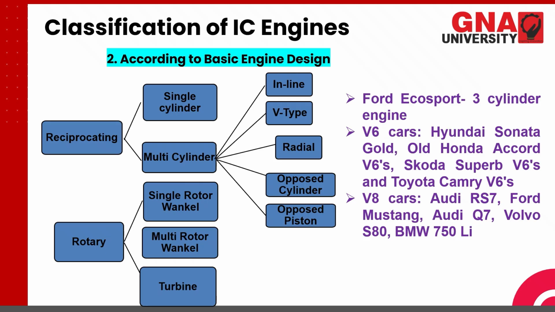V6 cars include Hyundai Sonata Gold, old Honda Accord V6, Skoda Superb V6 and Toyota Camry V6. V8 cars include the luxury cars, namely Audi RS7, Ford Mustang, Audi Q7, Volvo S80, BMW 750 Li.